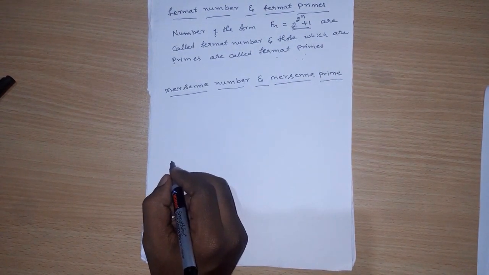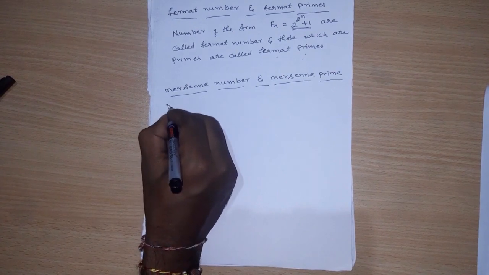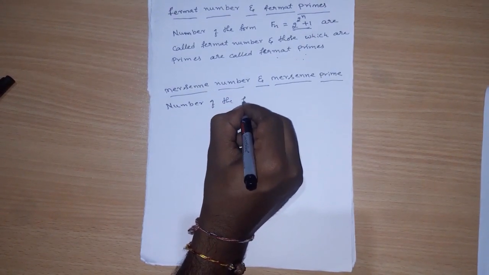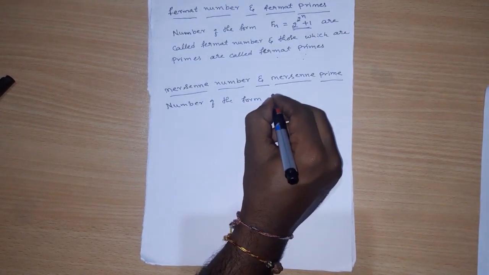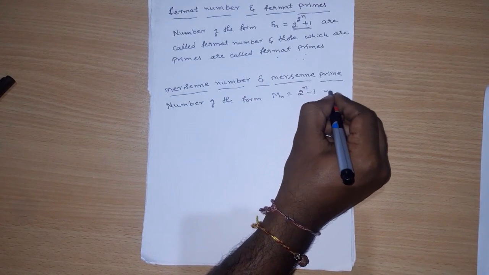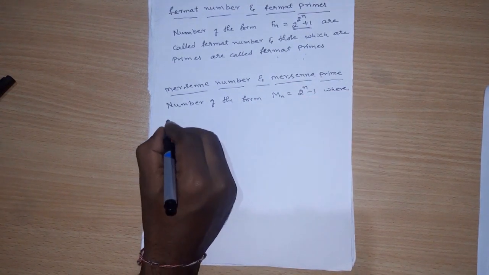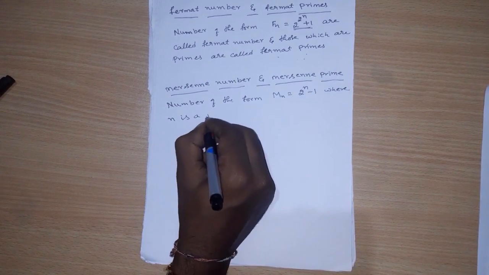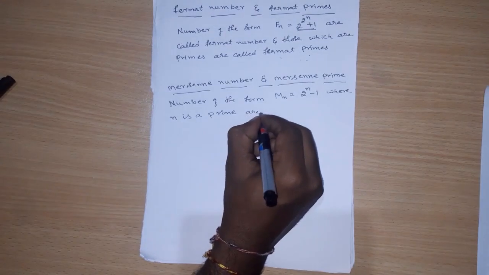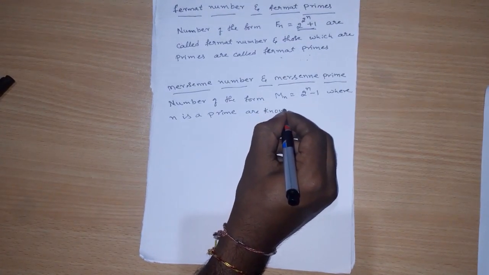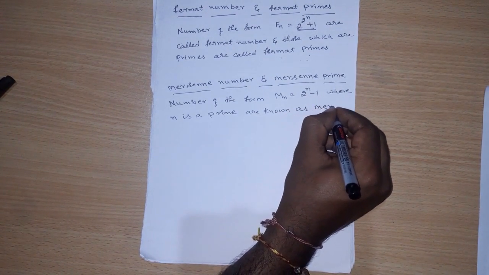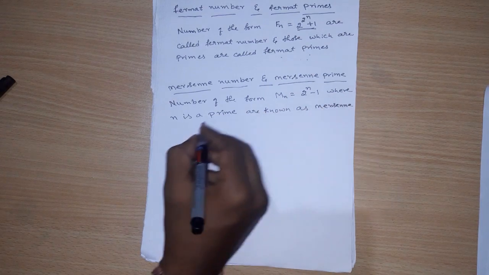Numbers of the form Mn equals 2 to the power of n minus 1, where n is a prime, are known as Mersenne numbers.